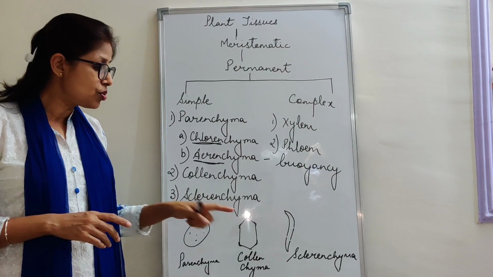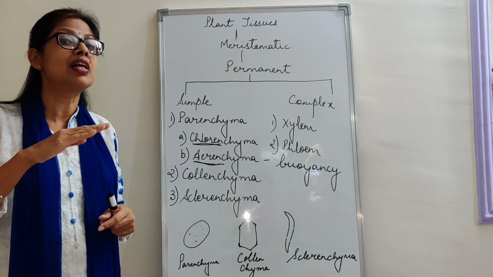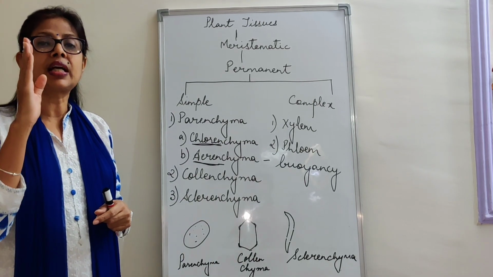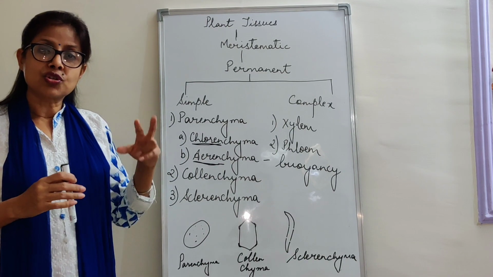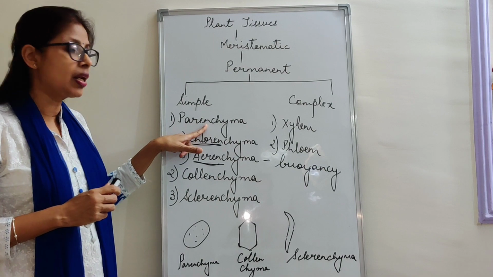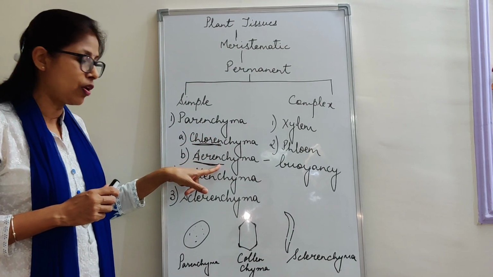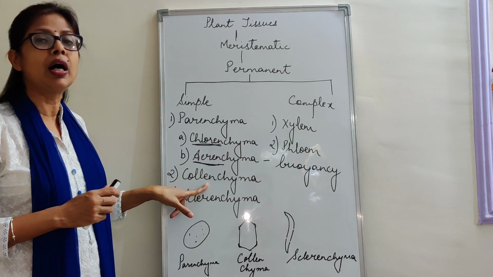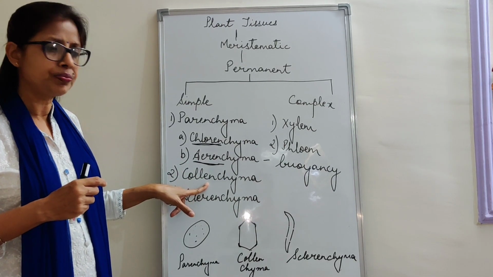It is because of this collenchyma tissue that the plant sways but does not break, and comes back to its original position. So, just a repetition: parenchyma does either photosynthesis or buoyancy, and collenchyma helps the plant with flexibility.